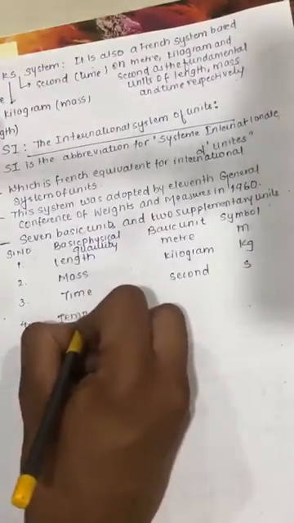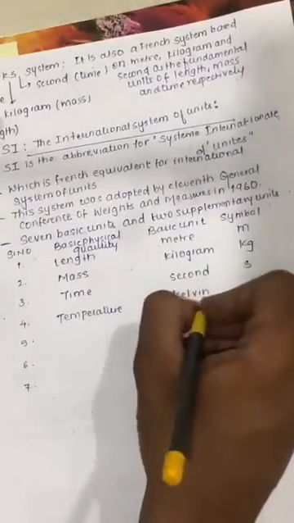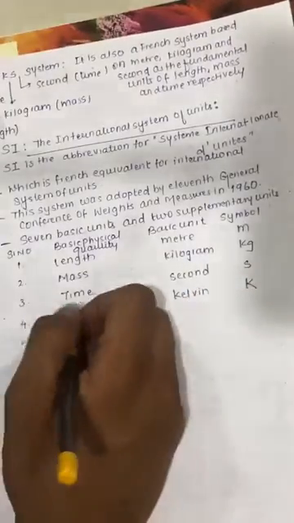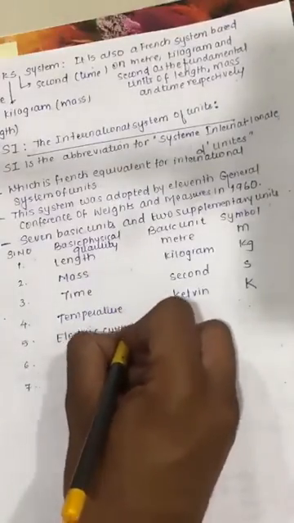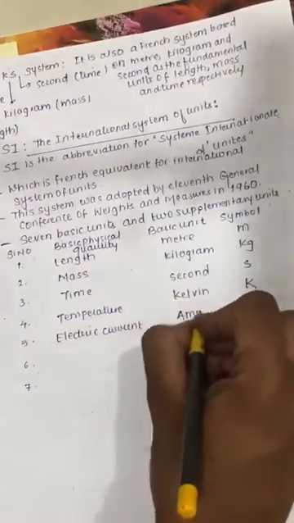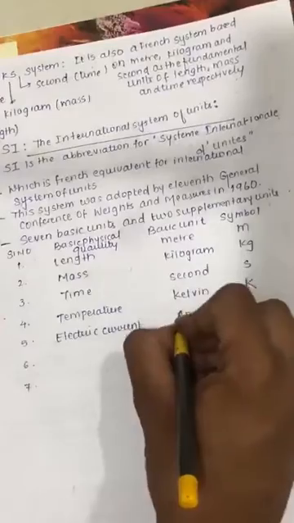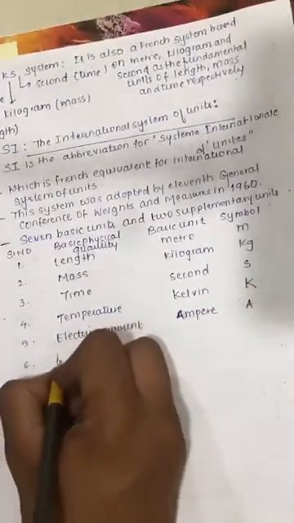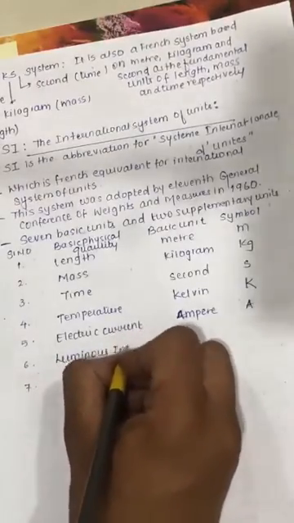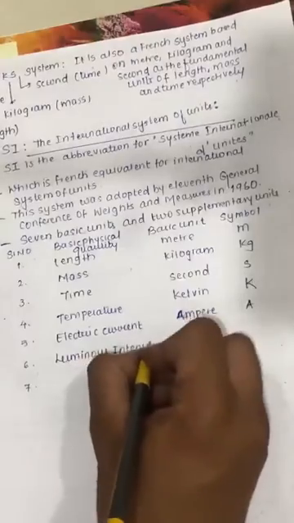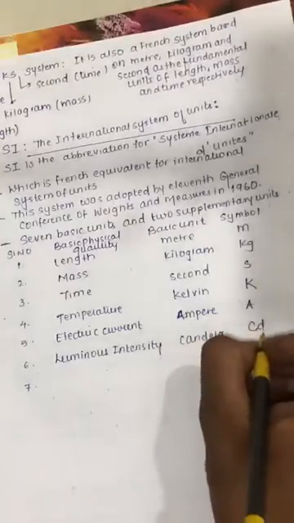Temperature, basic unit is Kelvin, named after scientist Kelvin. Electric current, named after scientist Ampere. Luminous intensity, named after scientist Candela, CD.